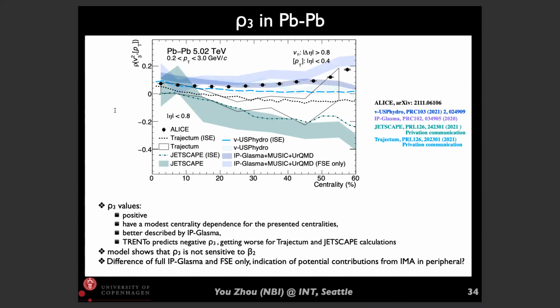But if you look at JETSCAPE, it turns negative for centrality above 10%, which is quite different from data. JETSCAPE uses many other data to constrain the model, so they basically have v2, v3, and mean pT constrained, but they cannot predict the correlation between v3 and mean pT.